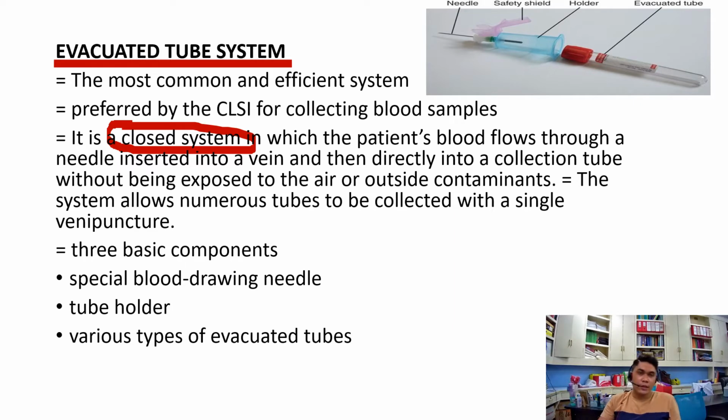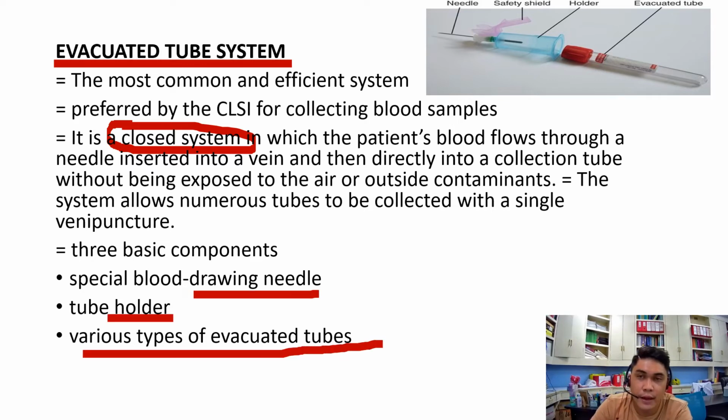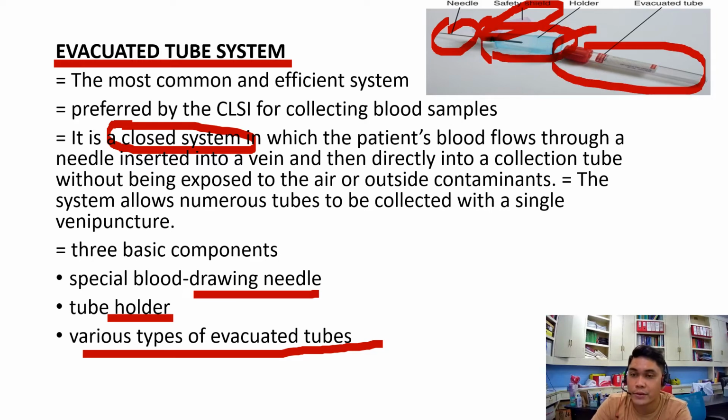Now the three basic components of ETS, you have the needle, the holder or the adapter, and the evacuated tube. So you have the needle with safety feature or safety shield. So this is an example of safety needle. Then you have the holder and the evacuated tube. Okay, so those are the three components.